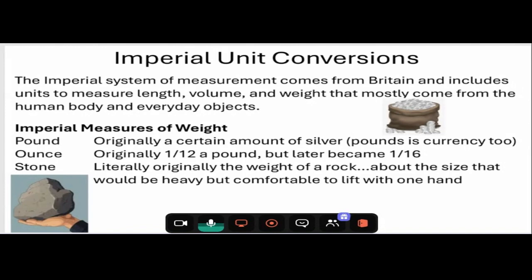Who knows why? A stone, you may or may not have heard, but if you go to Britain and people talk about their weight, they will still often refer to how many stone they are. The original meaning of stone was literally a rock, kind of the size of the guy that is holding it there in the picture. Pretty heavy rock, but still one that you could lift comfortably.